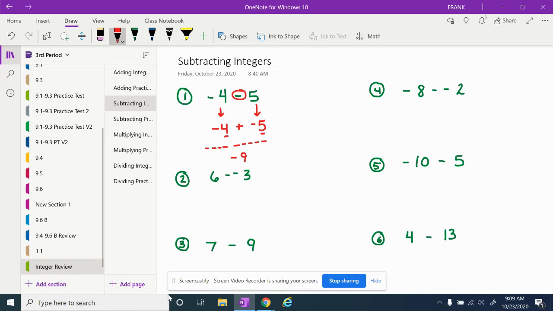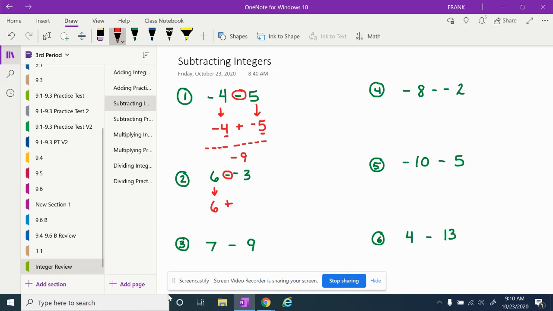Let's go down this time. Since I numbered down, we'll go down. Number 2, I have 6 minus -3. So now I have a positive minus a negative. Well, the rule is still the same. I copy the first number. The first number never changes. Whenever I see subtraction, that becomes addition.